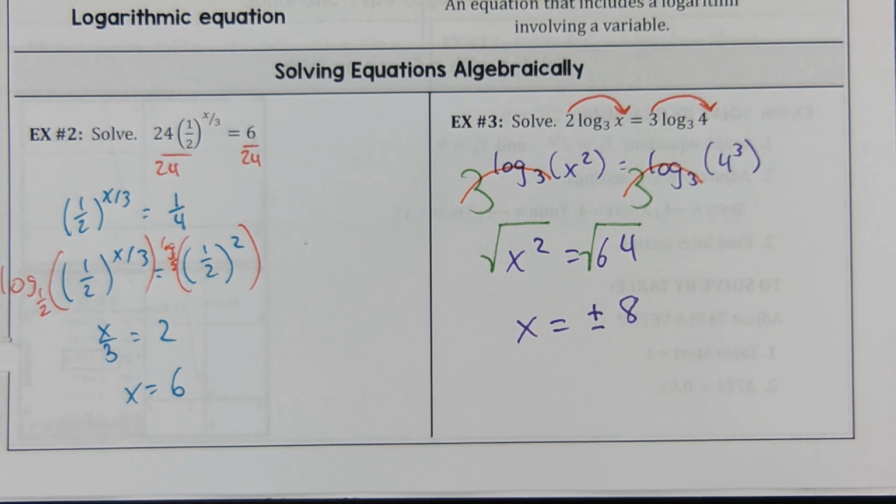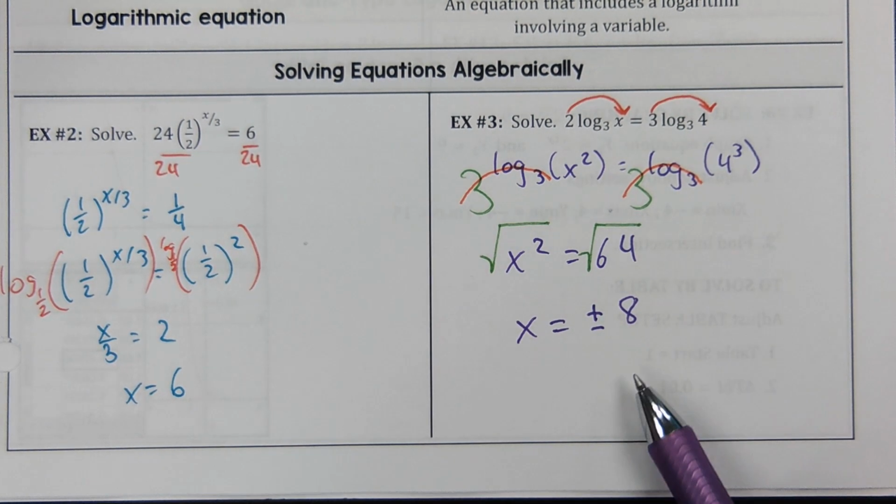Because logarithms have restricted domains, it is possible to get extraneous solutions the moment you eliminate the logarithms. It's just like when we were solving square root equations. Remember, square roots have restricted domains. So the moment you remove the restrictive symbol, you have allowed the possibility of extraneous solutions.